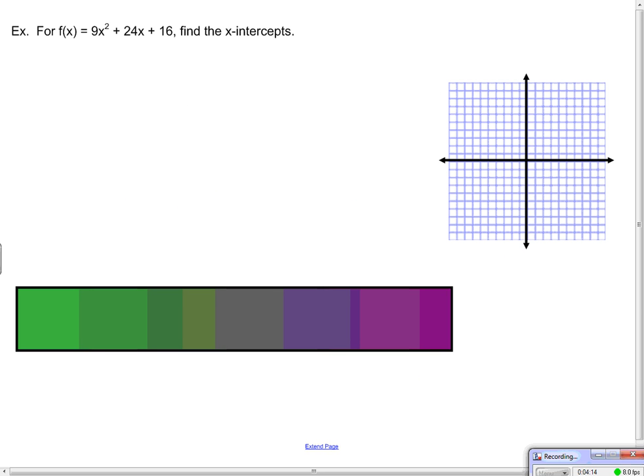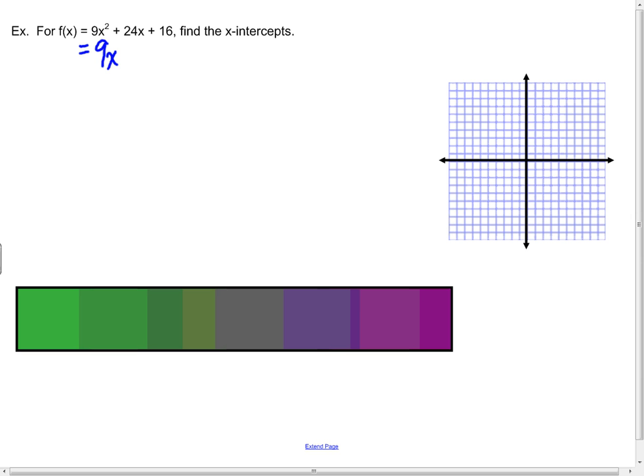For this example, f of x equals 9x squared plus 24x plus 16, find the x-intercepts. So we can draw a picture of the graph and read it off the graph. I don't happen to have a graphing calculator handy, so I'm going to factor it. This one does not have a greatest common factor other than 1, so I am going to have to decompose it.